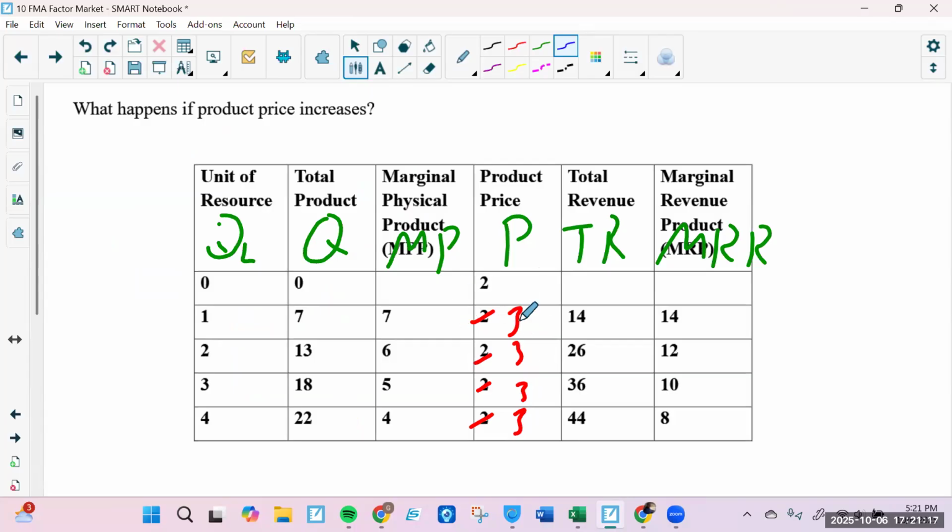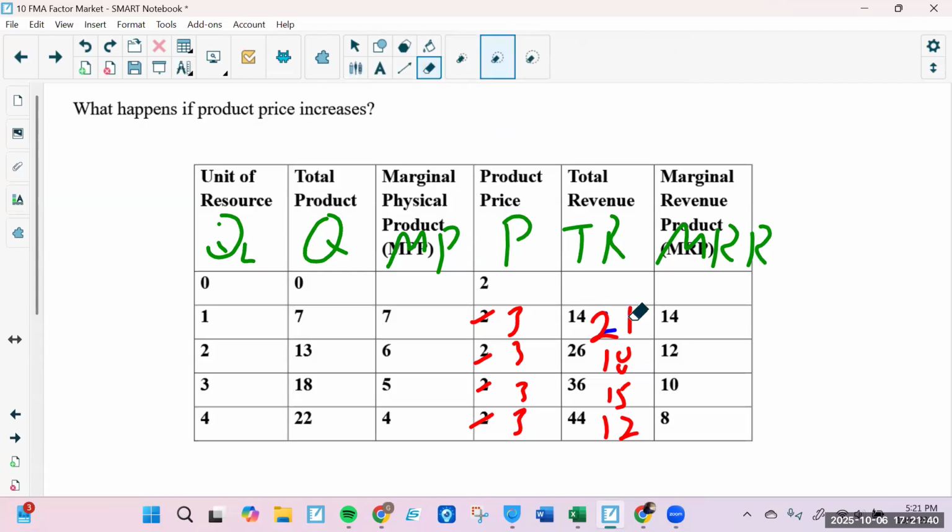So in the marginal product, price changes, there's a couple things we can do. First of all, we've got to change the total revenue now, because total revenue is price times quantity. So this becomes 21. This becomes 6, 12, 18. This becomes 15. And this becomes 12, right? That's not right. That's not right at all. I multiplied times the wrong things.